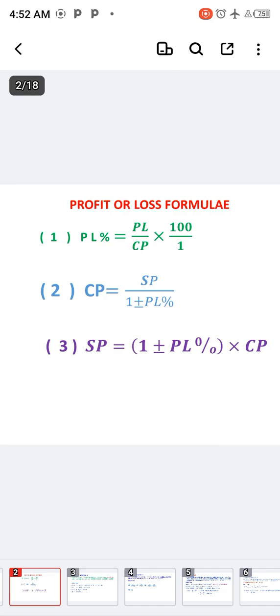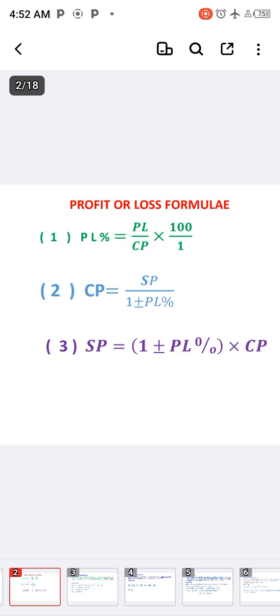That means you can use this formula, the formula in green, formula 1, to find the profit percent. You can also use it to find the loss percent. To find the profit percent, this formula will be adjusted as profit over cost price multiplied by 100 over 1.